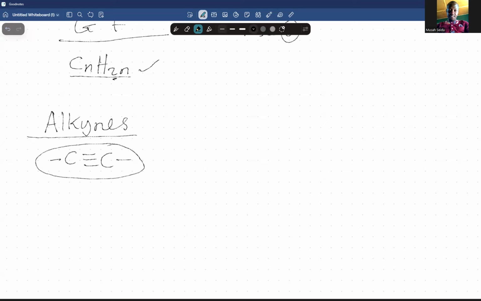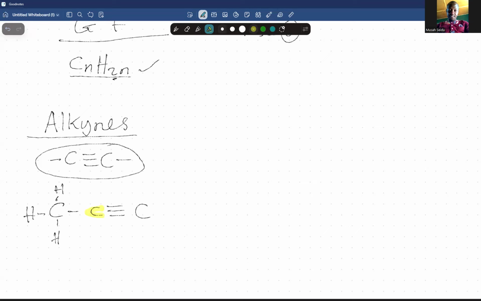Now, example. This C in the middle here is okay. Why is it okay?